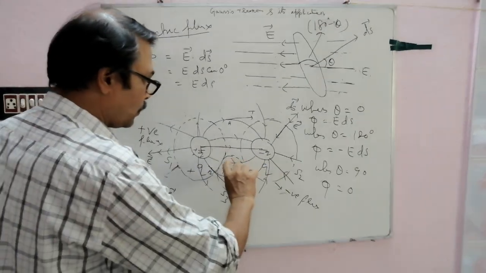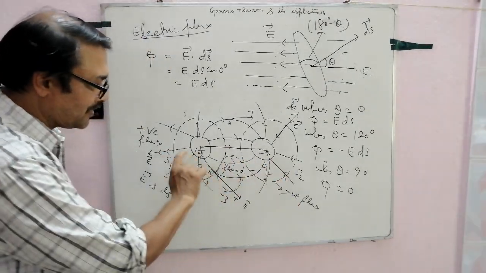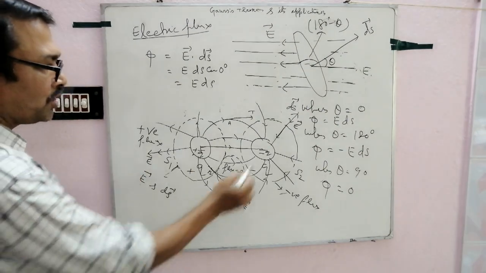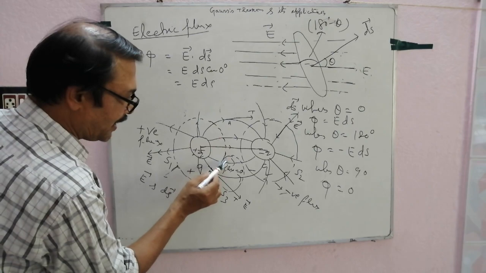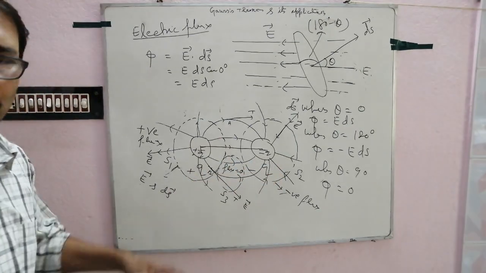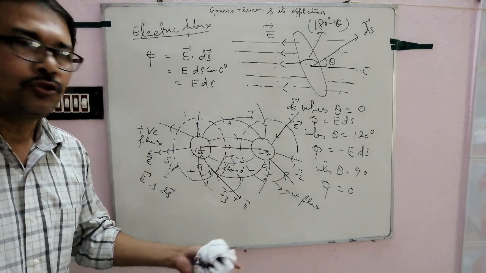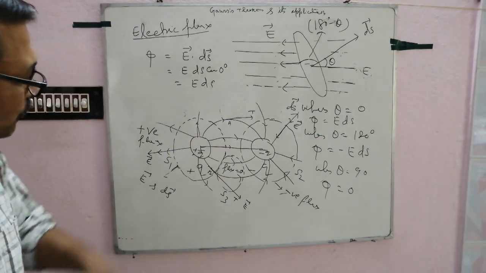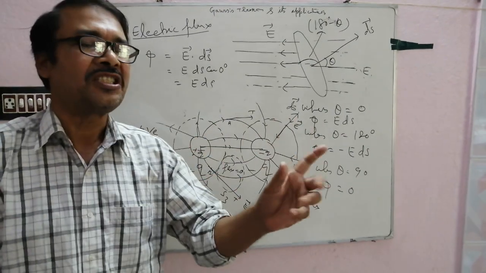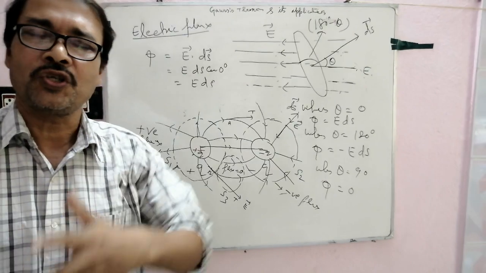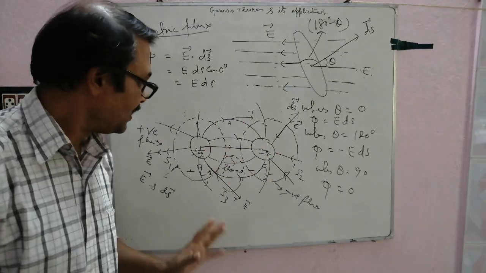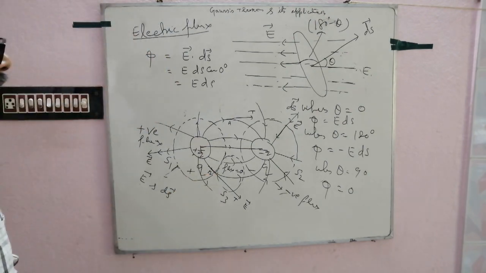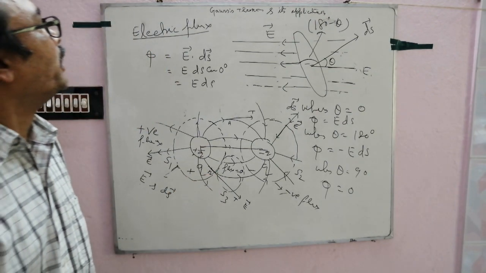Outward flux positive, inward flux negative. So this is inward flux negative, outward flux positive, total flux 0. So we come to the conclusion that if there is no charge inside a closed surface, no flux is linked with that area.